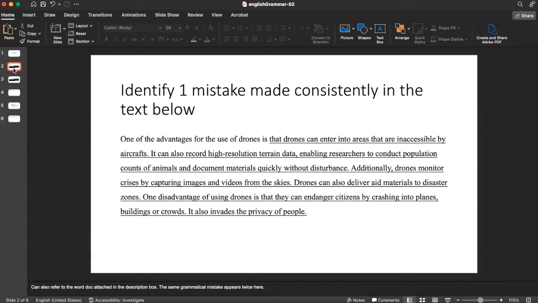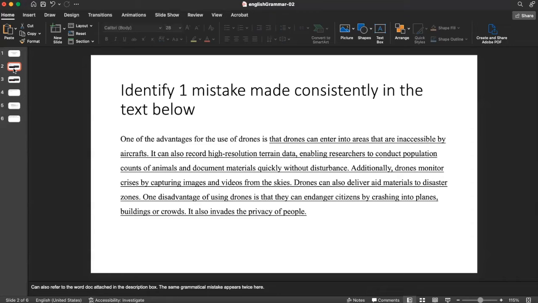One of the advantages for the use of drones is that drones can enter into areas that are inaccessible by aircrafts. It can also record high-resolution terrain data, enabling researchers to conduct population counts of animals and document materials quickly without disturbance.